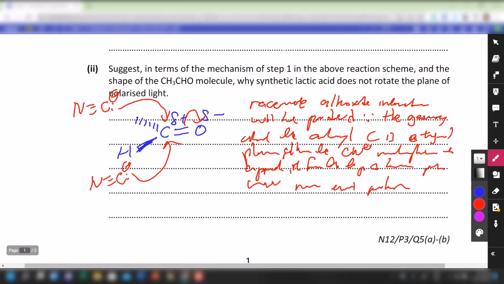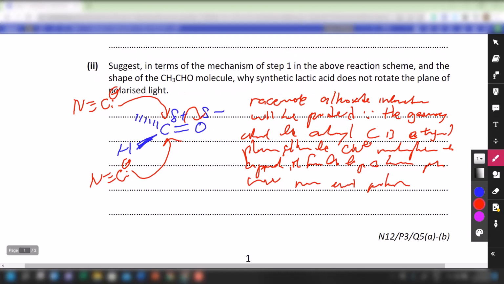And after protonation, I'm going to get a racemic product mixture.